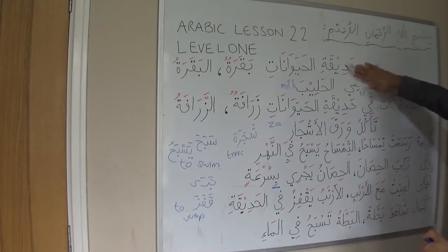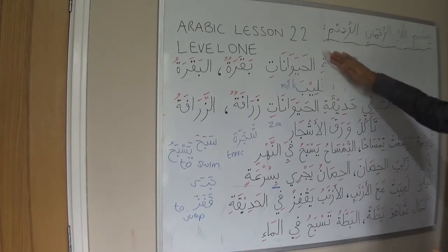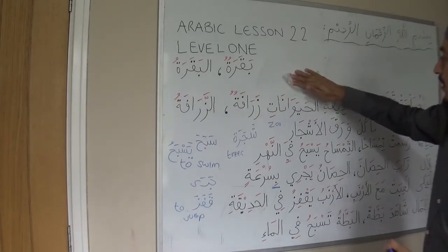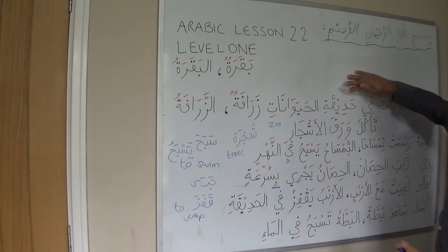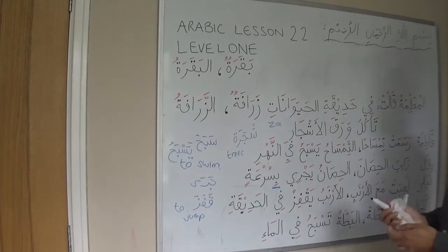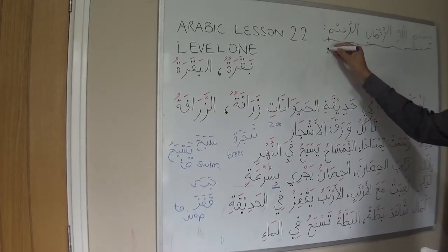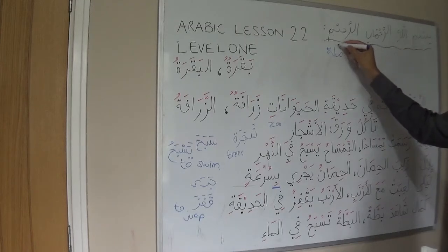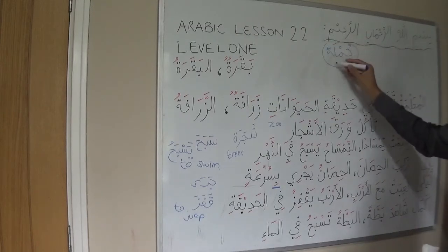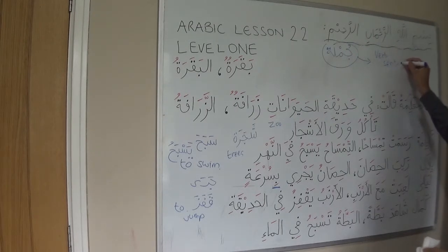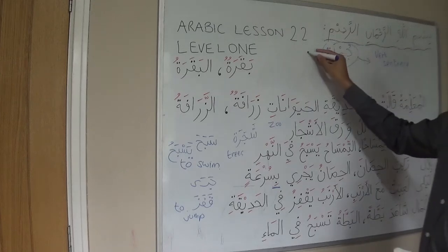And this is going to look at sentences, and it's a simple one about two types of sentences. So jumla is a sentence in Arabic. And you can have a verb sentence or a noun sentence.